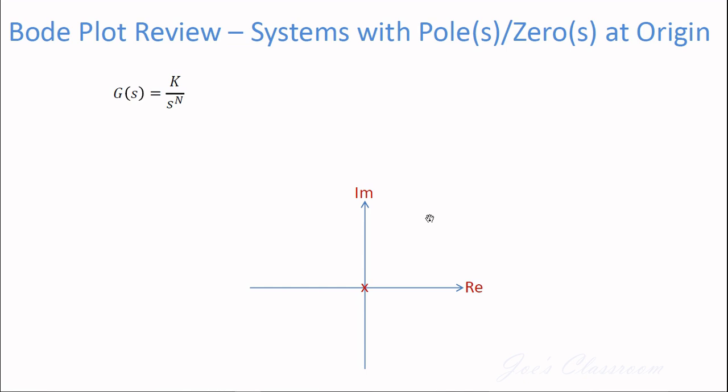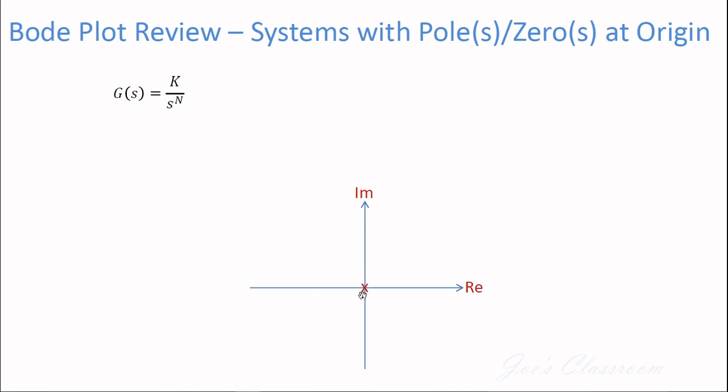If you take the system with pole at origin, this is going to be the pole zero plot. And if the system has this kind of pole zero plot, then the transfer function of the system is going to be of the structure G(s) = K / s^n, where n is the number of poles at the origin.